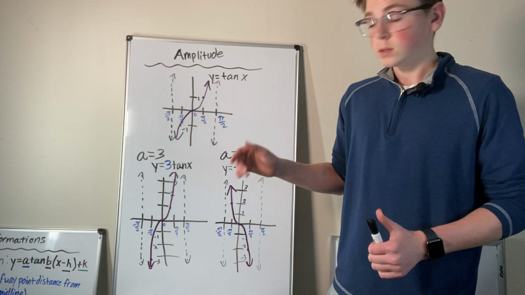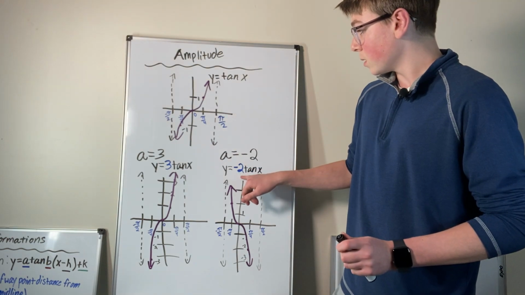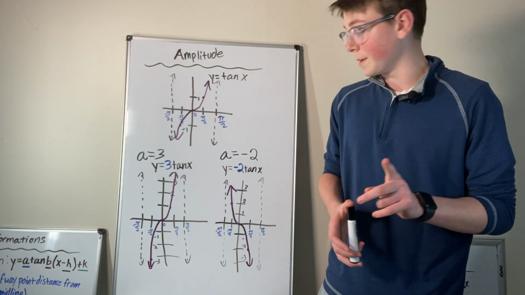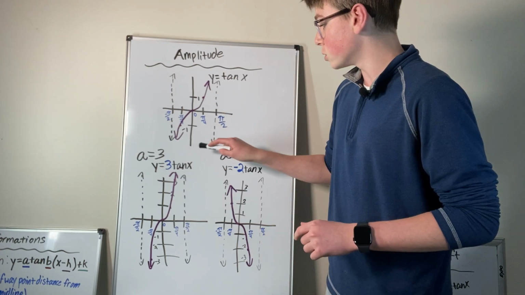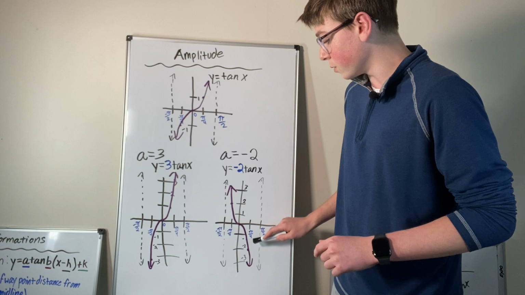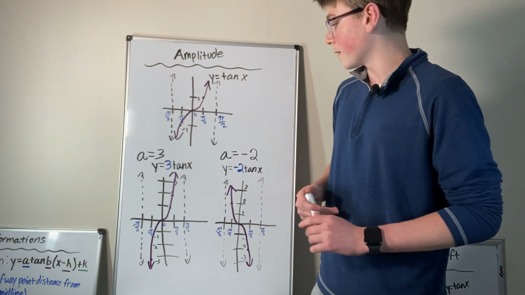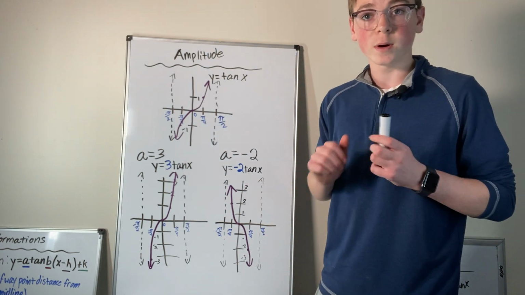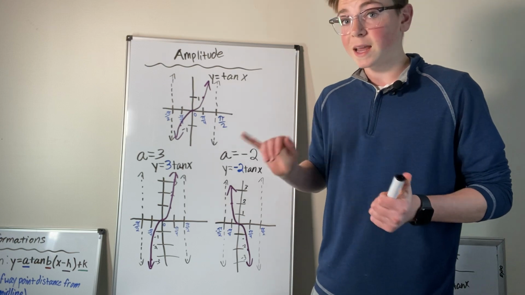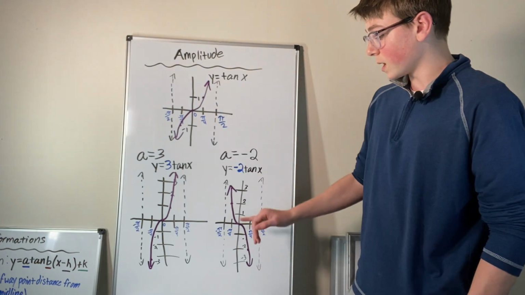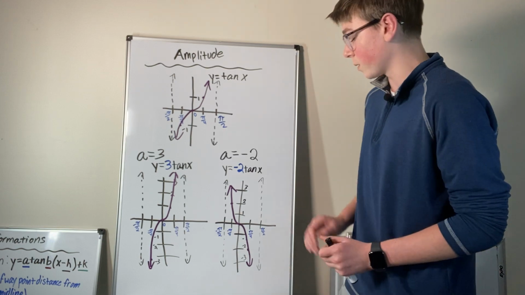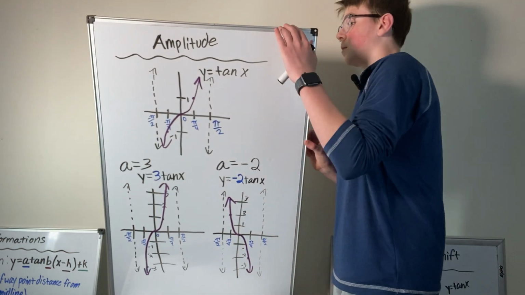Because if we say tangent of pi over 4 is 1, multiply that by -2, we get -2. Then tangent of -pi over 4 is -1. Multiply that by -2, and we get 2. So our graph flips, and we get -pi over 4, comma 2, and pi over 4, comma -2.